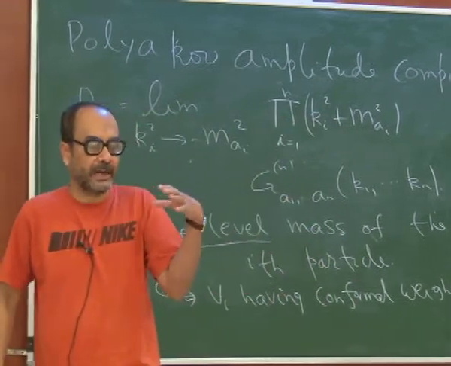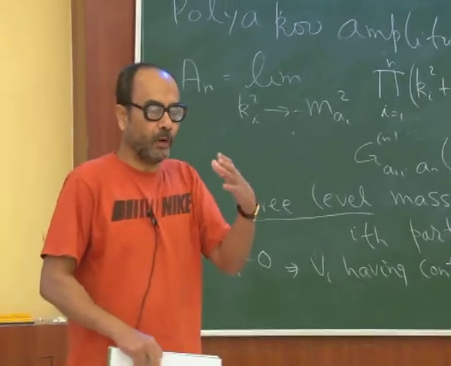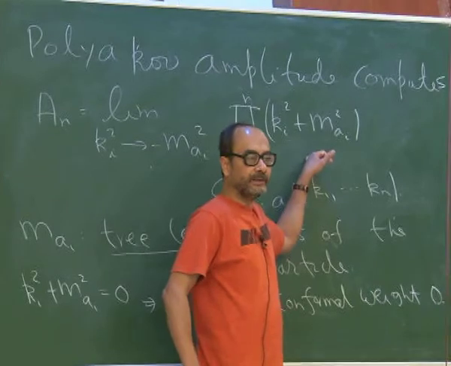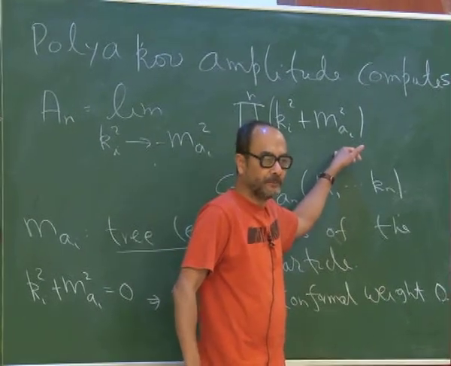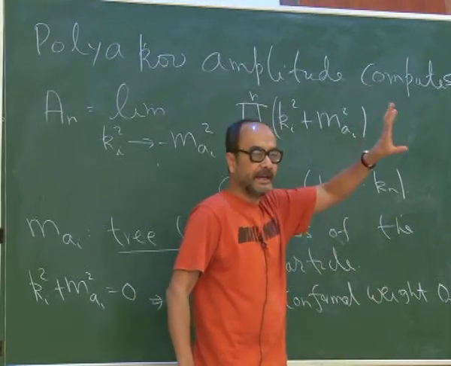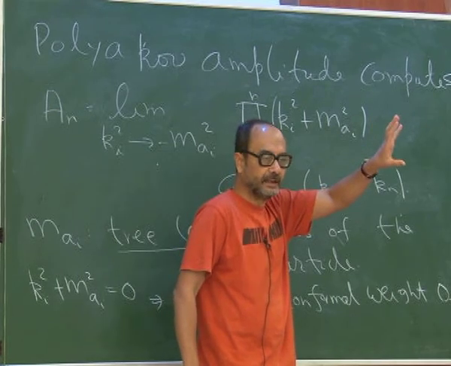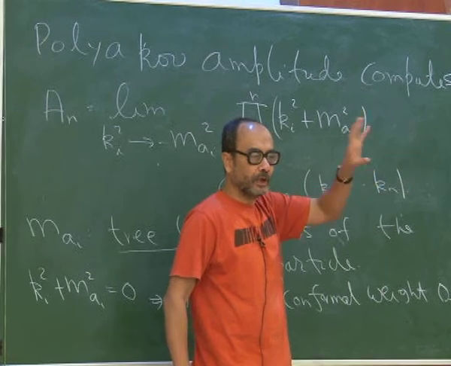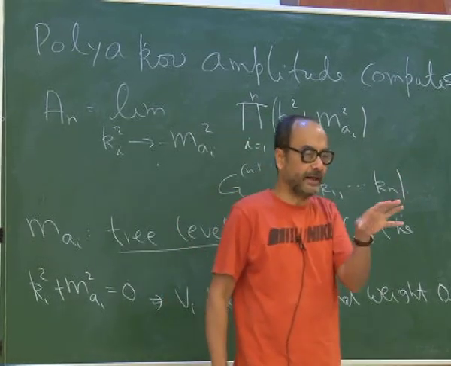If you look at the details of the computation, what you do is that you basically truncate the external propagators, because you don't have divergent answers. But there is no explicit computation of the Z, the wave function normalization, and factoring it out. So the Polyakov amplitude doesn't know about the Z factor.